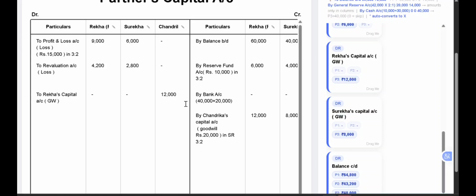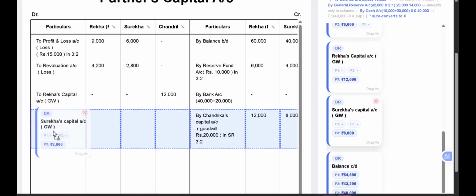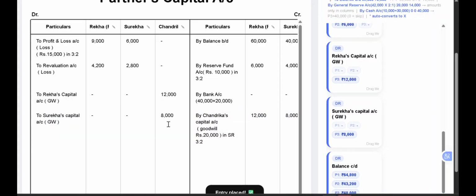So goodwill which is given by Chandrika is 12,000, and for Surekha she gives rupees 8,000. So the amount what is being distributed for Rekha and Surekha on the credit side should be deducted from Chandrika's account. So we record it on the debit side.